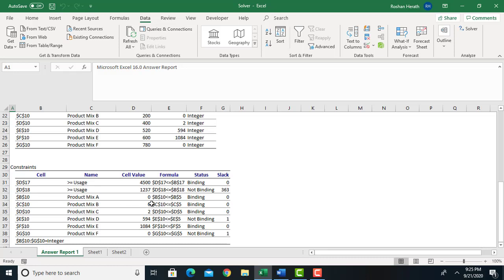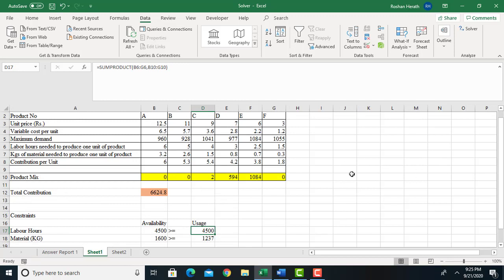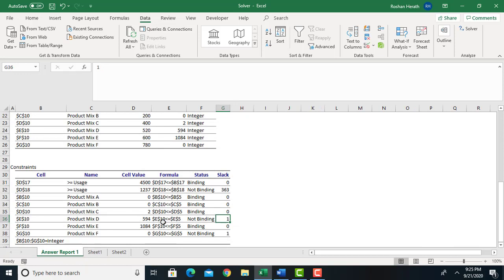Therefore it says it's a kind of binding. And when it comes to product D, it says that it's not binding because we have the potential even to produce one more unit. Depending on the resources, we can go for even one more unit. So therefore it says it's non-binding.